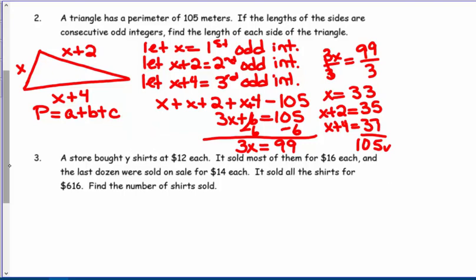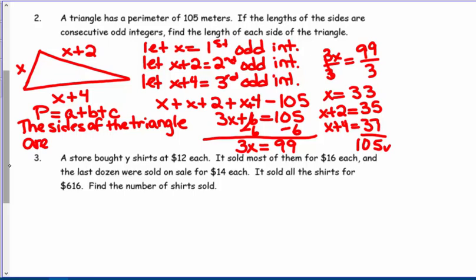And I have to answer the question. Find the length of each side of the triangle. Uh-oh, we run out of space here. The sides of the triangle. Full sentence answer. Are.